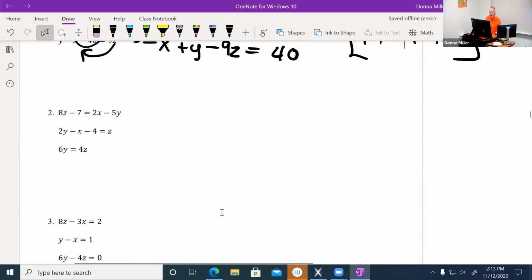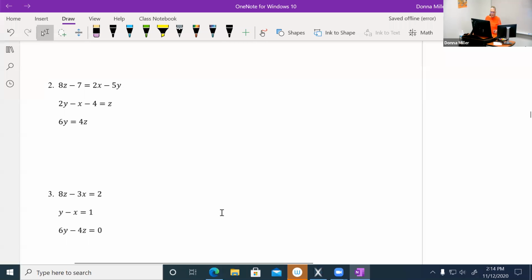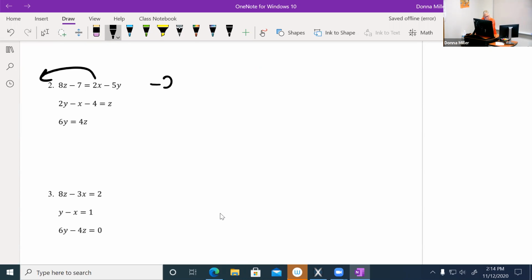Oh yeah, we've got to do slack variables. Let's line them up. I want the 2x to get moved over to the left, so it's going to become -2x. The -5y needs to get moved over, so it's +5y. 8z stays where it is.